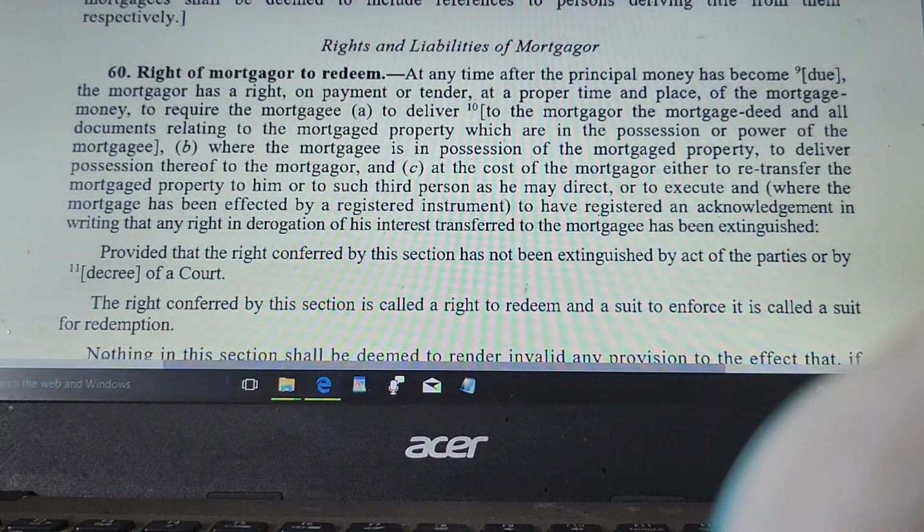Rights and liabilities of mortgagor. 60. Right of mortgagor to redeem.